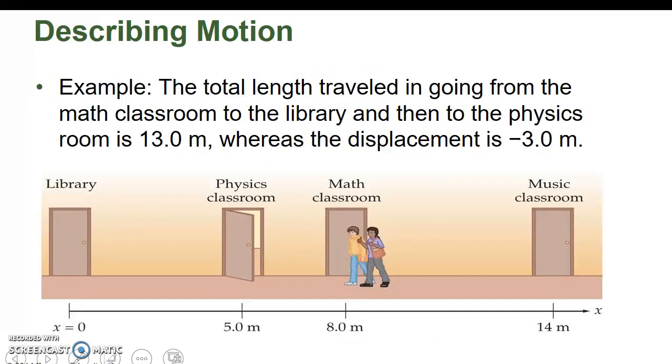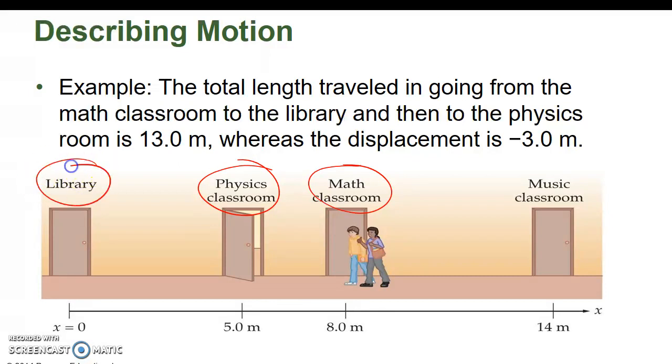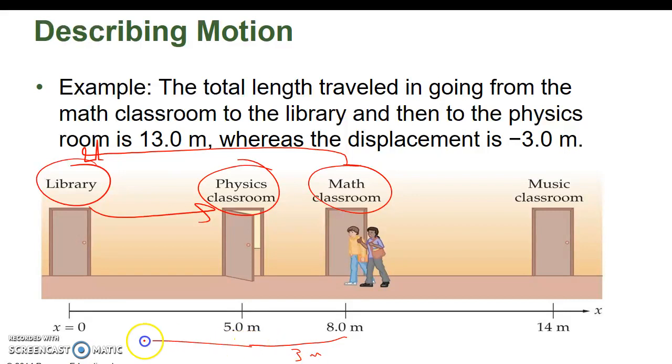So here's an example. The total length traveled in going from the math classroom to the physics classroom, okay? Then the library, then the physics classroom. So we're going to go from the math classroom to the library, then to the physics classroom, okay? So think about where we travel. We start here. We travel 3. Then we go to here, which is 5.